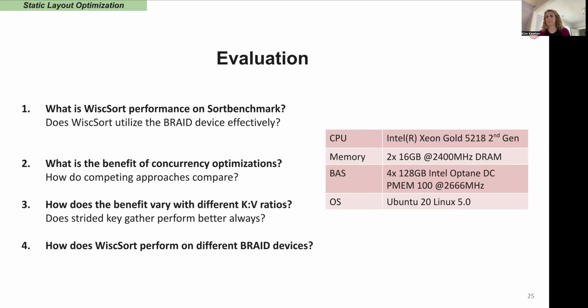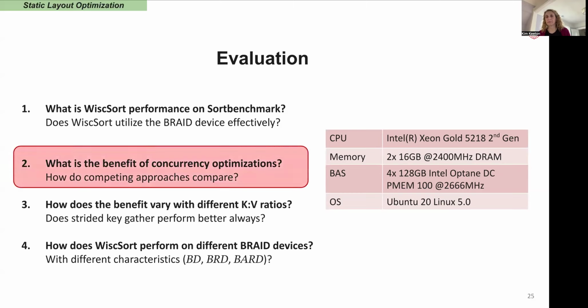We also evaluated different key sizes and value sizes, and how WiscSort performs for different BRAID devices, because BRAID is a model generalizing different devices. In the interest of time, I'm just going to focus on one result: the benefit of these concurrency optimizations.